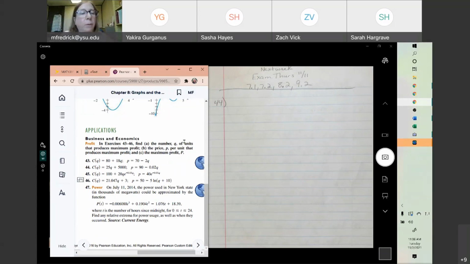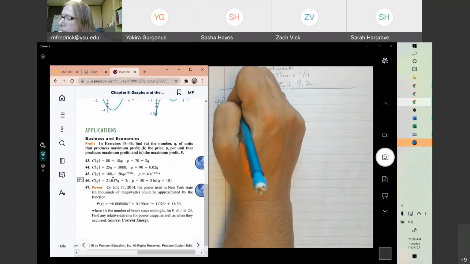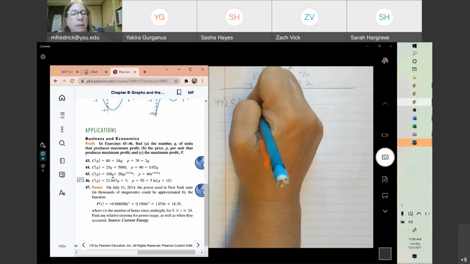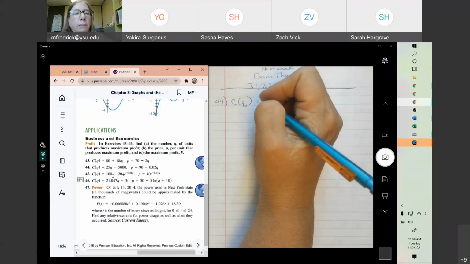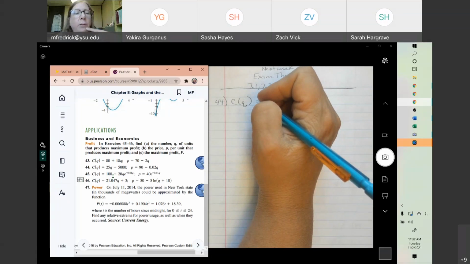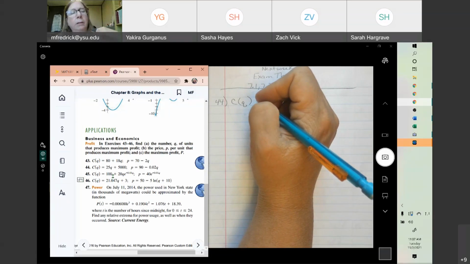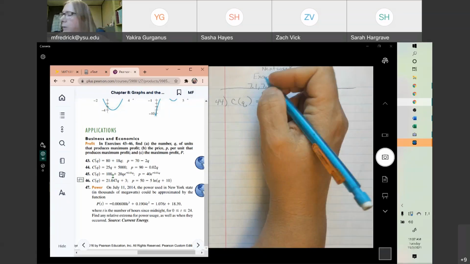Number 44 here, we're given the cost. When it doesn't say, you can assume dollars per unit. It's just in dollars.